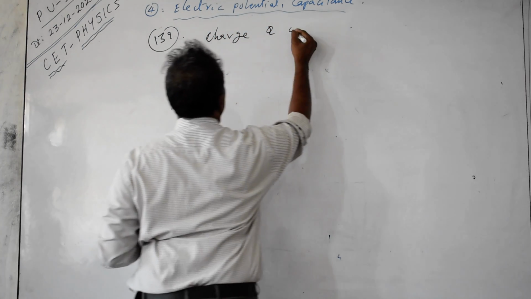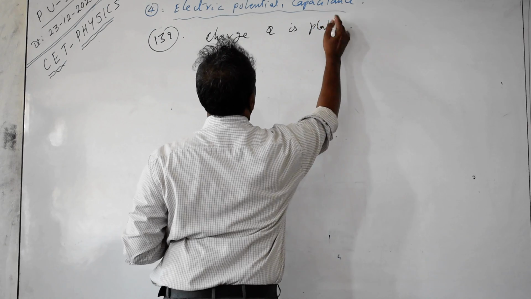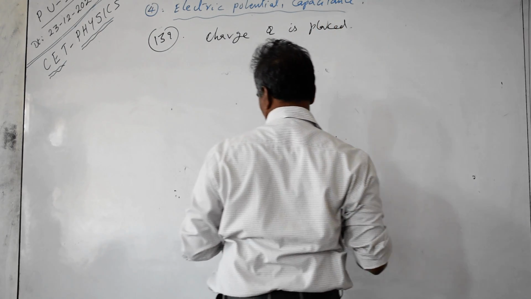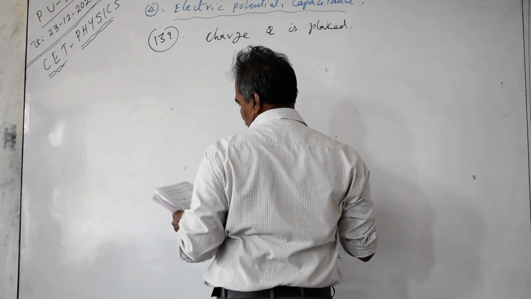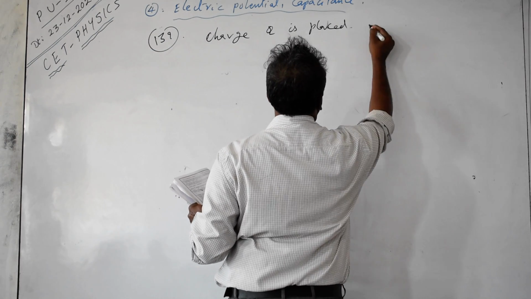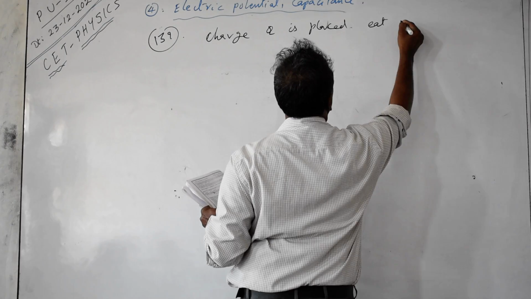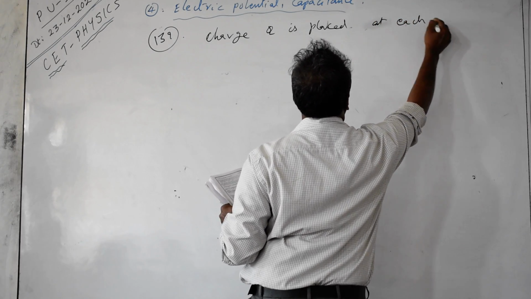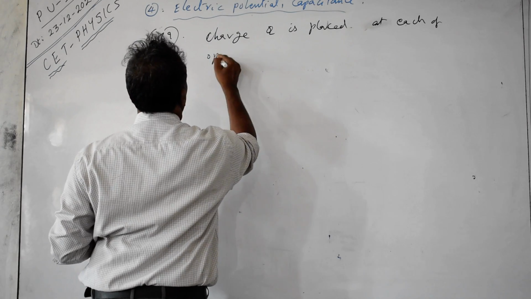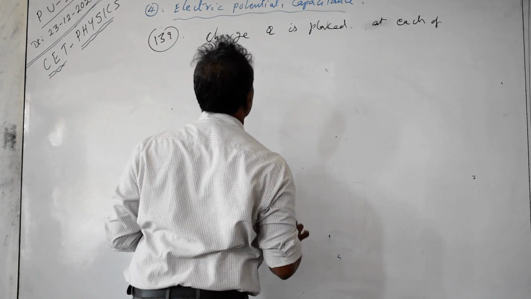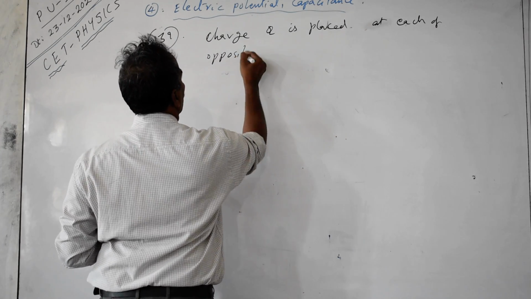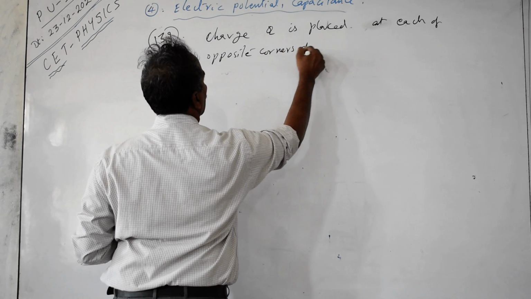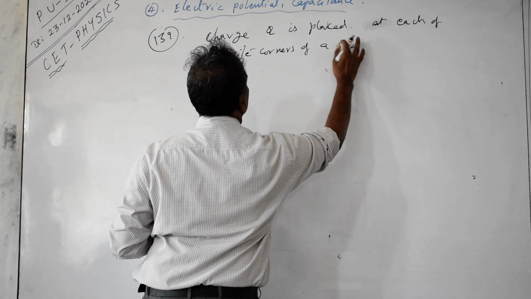Only two corners are there, that means two charges are there which are of the same value, at opposite corners of a square.